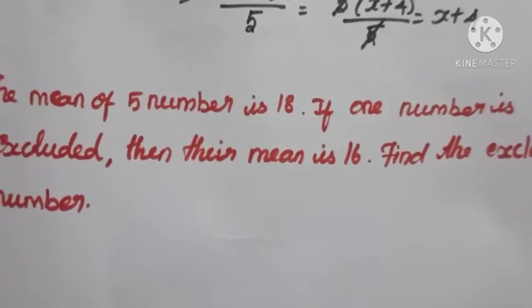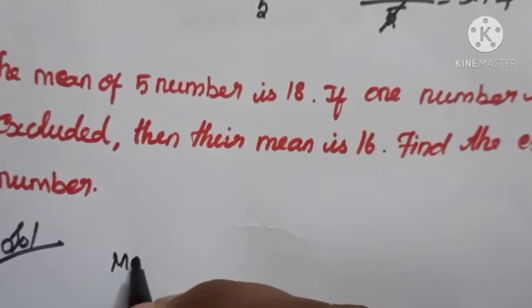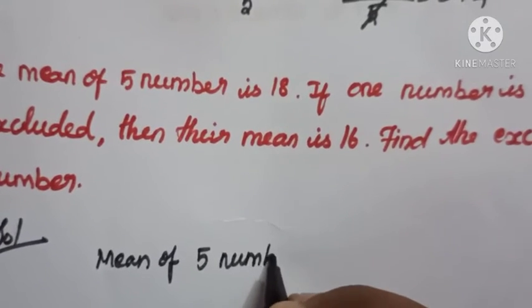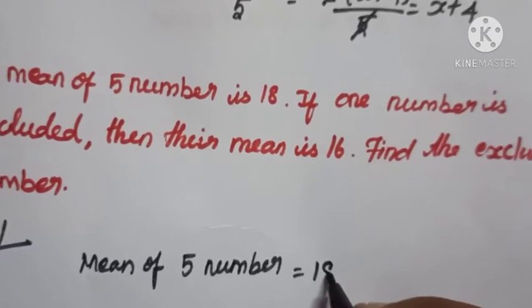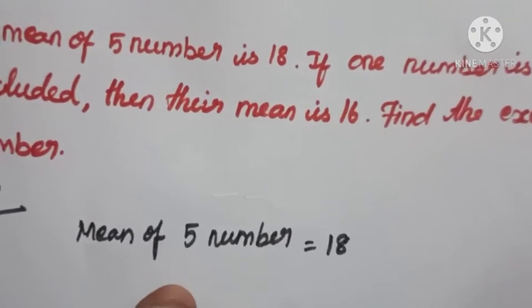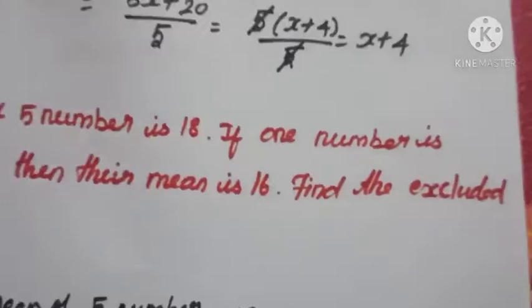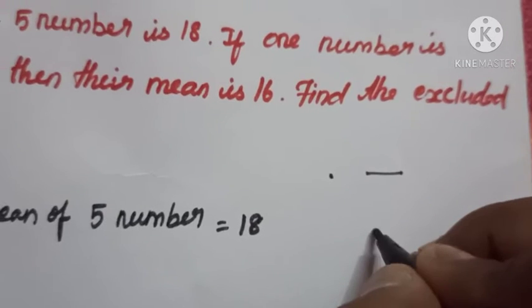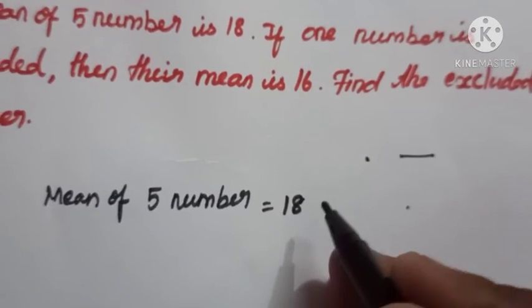So first you need to write the given values. Mean of 5 numbers, otherwise you can say average of 5 numbers, is equal to 18. So what is the total value? You know that mean is nothing but sum of observations divided by total number of observations. So mean of 5 numbers is equal to 18.